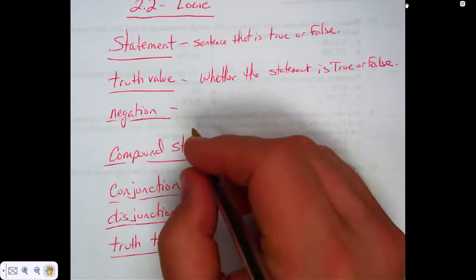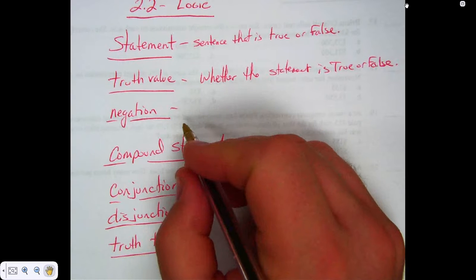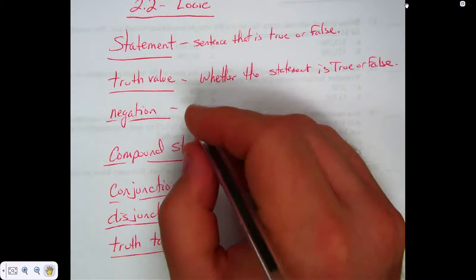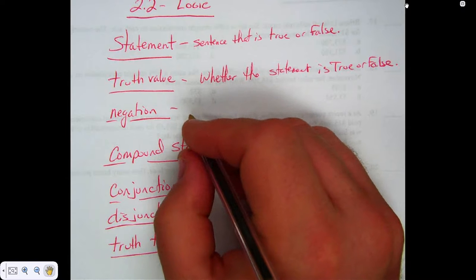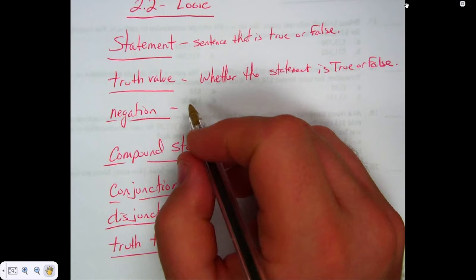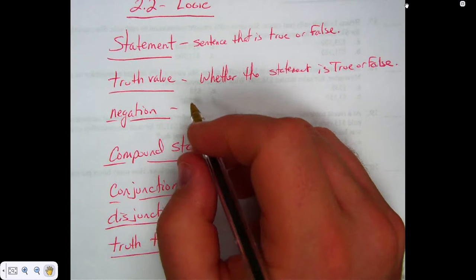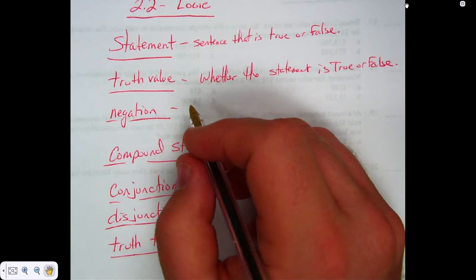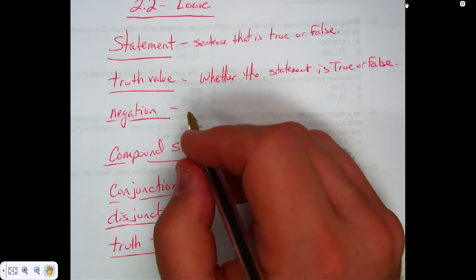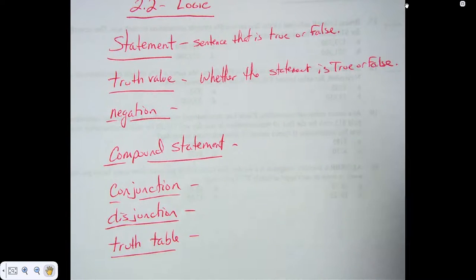Negation, what do you think that means? It's false. Not really, but I see why you think that. I would kind of jump to that. Negation is actually, well, think of it like this. Negation kind of sounds like negative, doesn't it? What is the negative of 5?